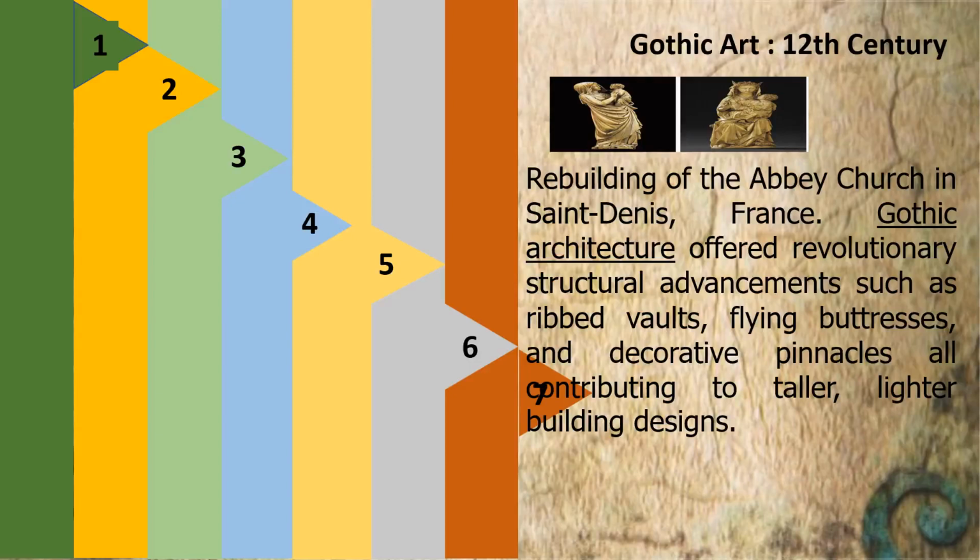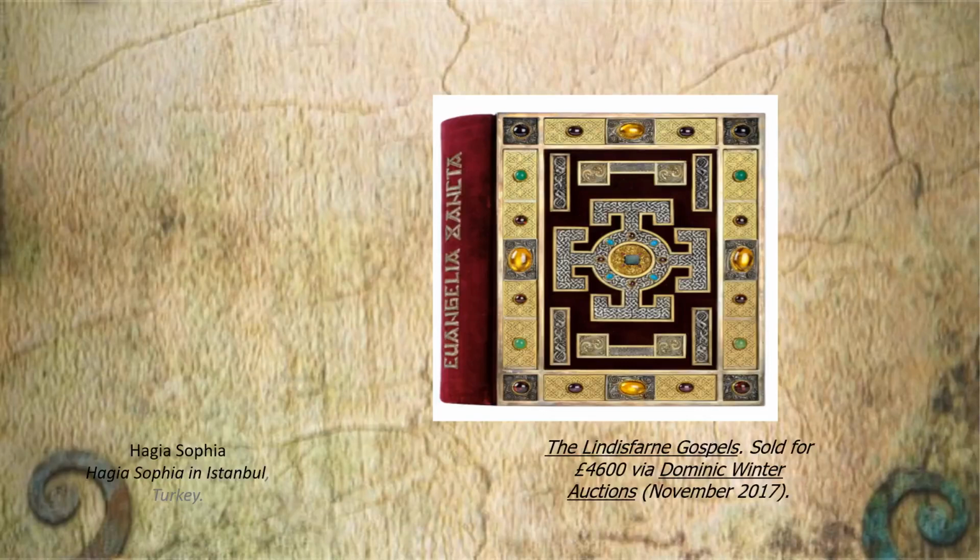Gothic architecture offered revolutionary structural advancements such as ribbed vaults, flying buttresses, and decorative pinnacles, all contributing to lighter building designs. We have examples of famous medieval art.